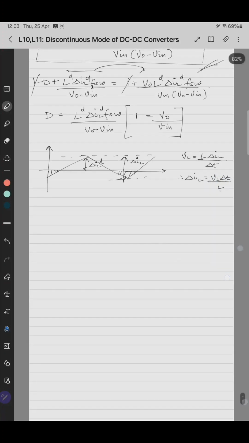Generally in the boost converter, the discontinuity here is due to, let's assume that it is due to the inductance. So delta I_L is inversely proportional to L, or we can say that the product of L into delta I_L is constant.